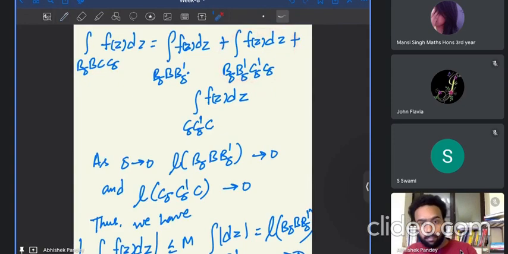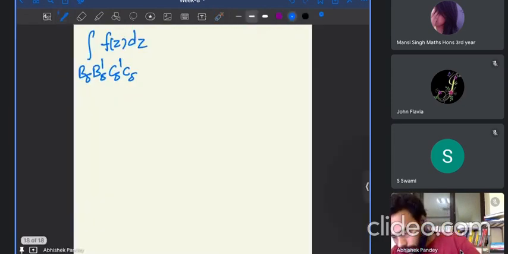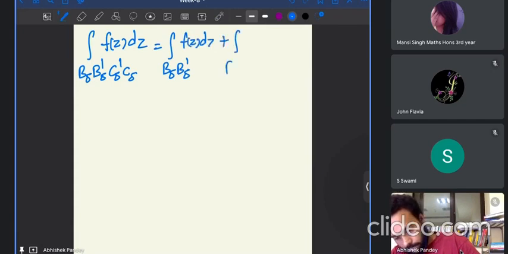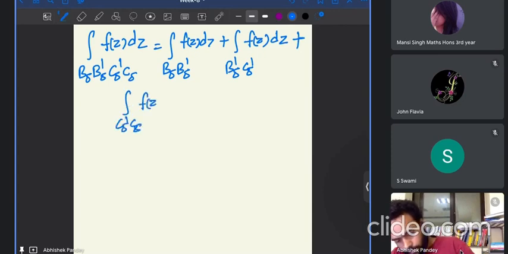Now this thing is nothing but the integral over B delta dash of F(z) dz plus the integral over B delta dash, C delta dash of F(z) dz plus the integral over C delta dash, C delta of F(z) dz plus the integral over C delta, B delta of F(z) dz.